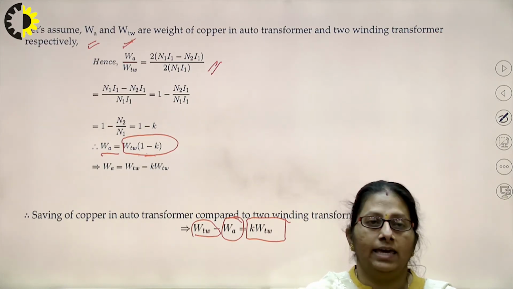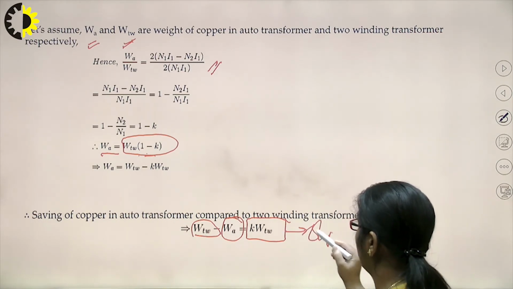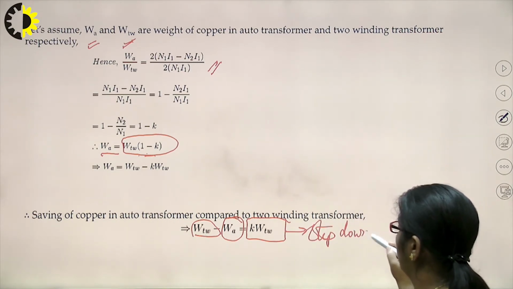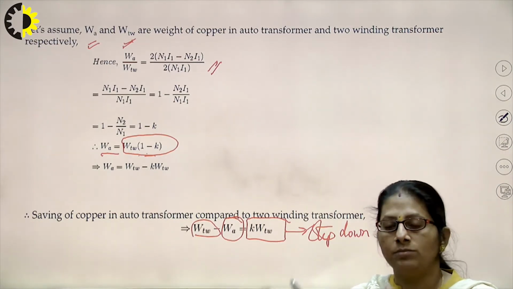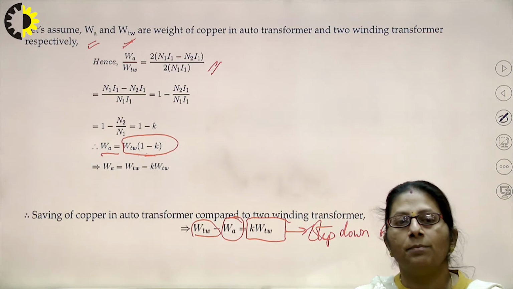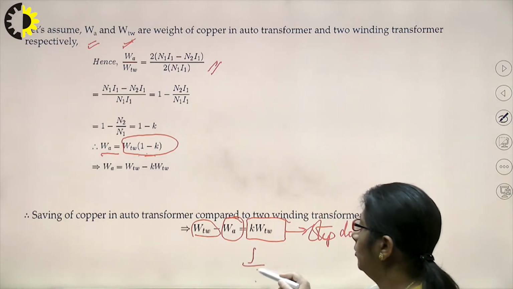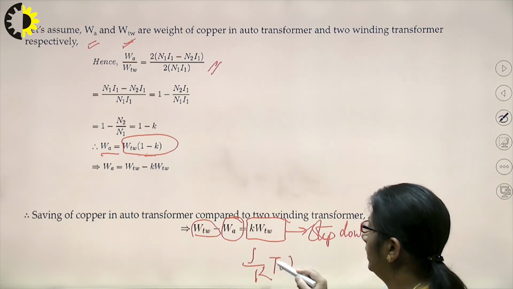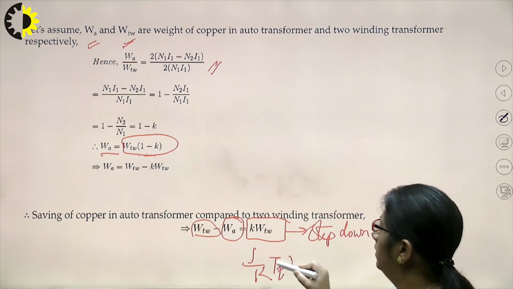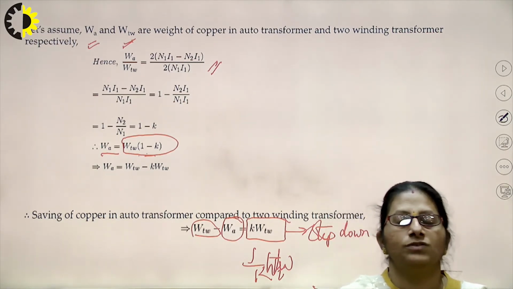Similar is the case for a step down auto transformer: if I follow the same derivation as for the step up auto transformer, the saving of copper is 1 upon K times the weight of copper in the 2 winding transformer, just the reciprocal of the transformation ratio.